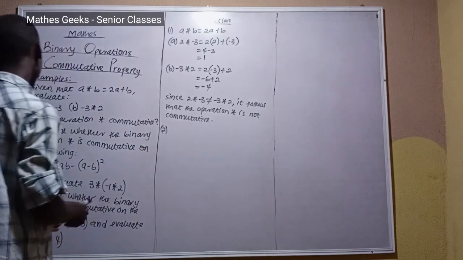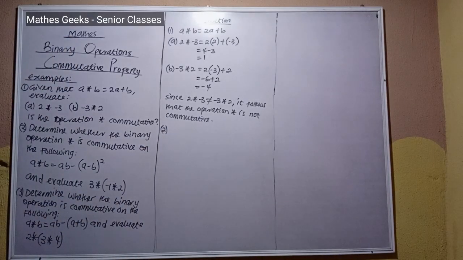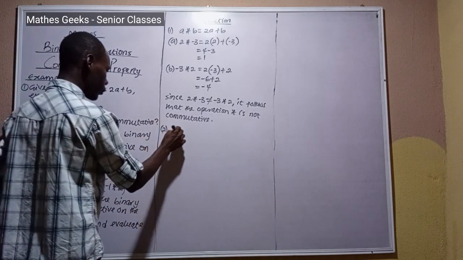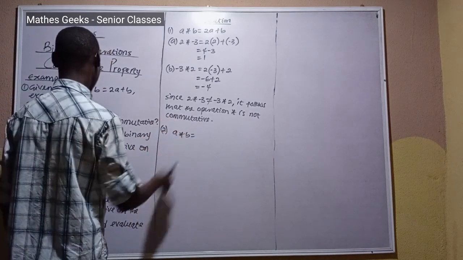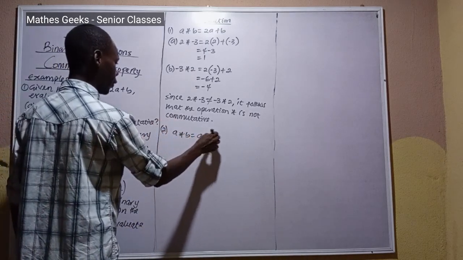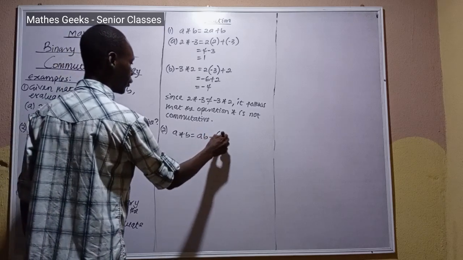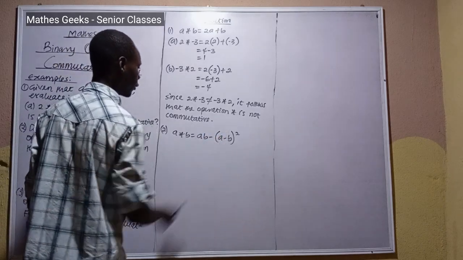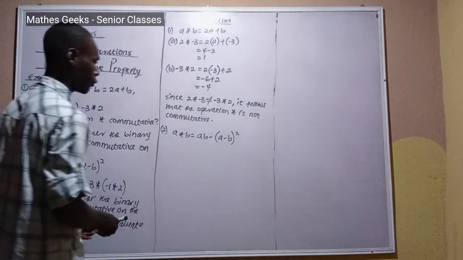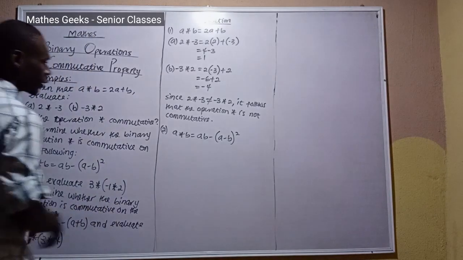Number 2, determine whether the binary operation star is commutative on the following. A star B is equal to AB minus A minus B squared. So for A star B, let's expand this first.